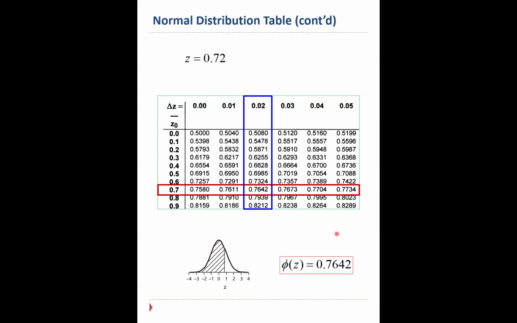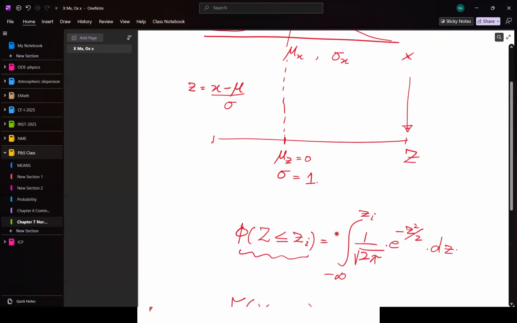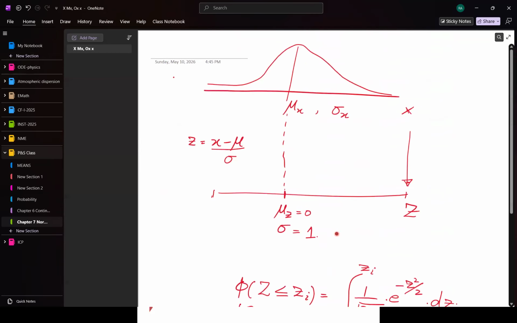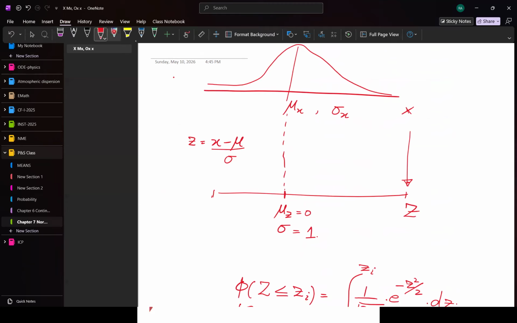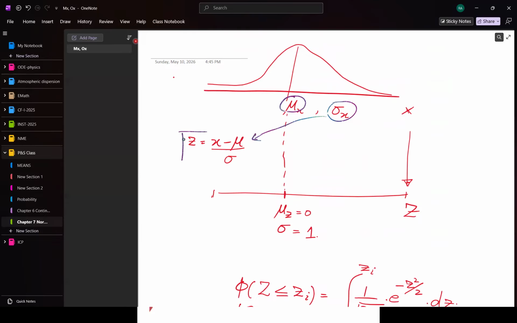So we have learned how to read the probability distribution table and the standard variable. The problems related to normal distribution are transformed to the z variable. So the problems in the x variable with a mean value and a standard deviation will be converted for probability estimation to a z variable.